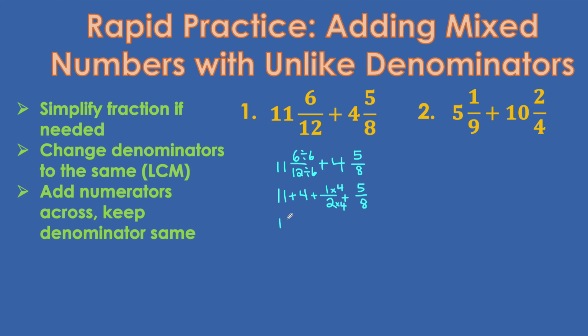Now we have 11 plus 4, plus 1 times 4 is 4, 2 times 4 is 8, plus 5/8.